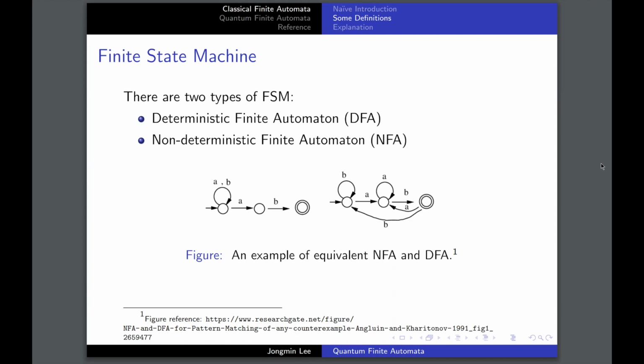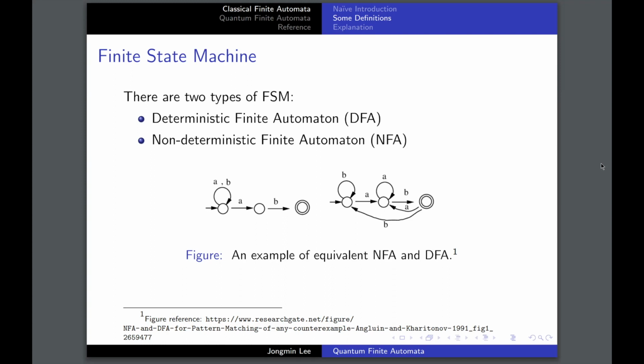The two automata are equivalent. Equivalence here means both automata can recognize the same set of words, the same language. For example, AAB can be recognized by both.